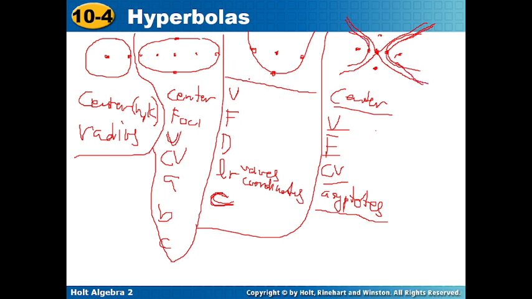Those are just limits where the graph will not pass through the asymptotes. So once again: center, vertices, foci, co-vertices, asymptotes, and also the values of A, B, and C. These are the things you might want to know with regards to conic sections.